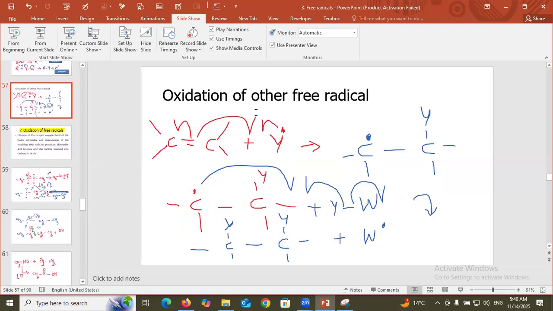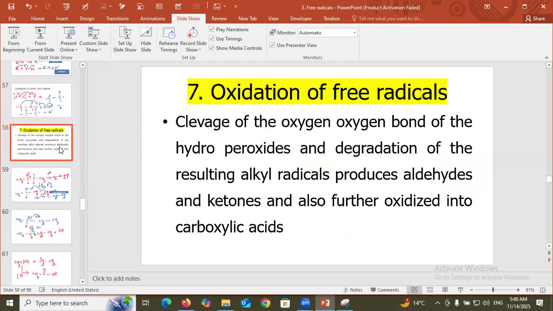Oxidation of free radicals: cleavage of the oxygen-oxygen bond of the hydroperoxide, and degradation of the resulting alkyl radicals produce aldehydes and ketones, and also further oxidation into carboxylic acid.